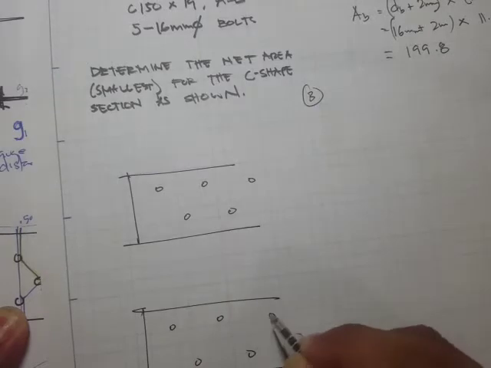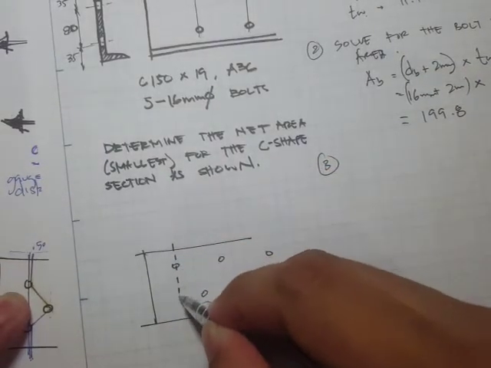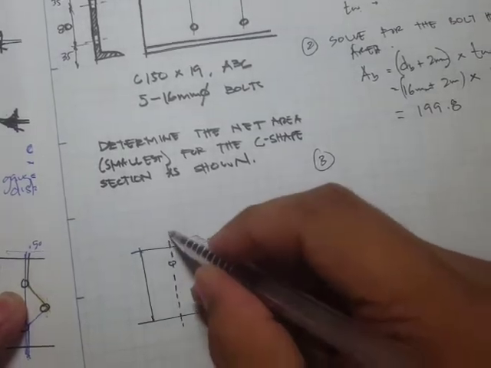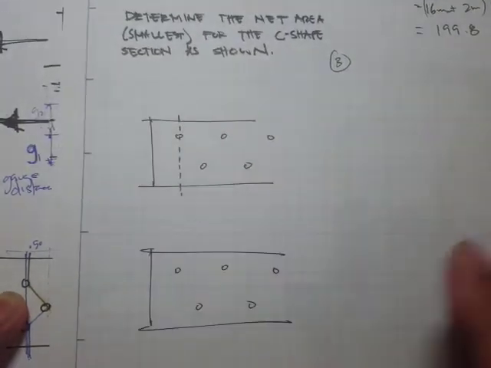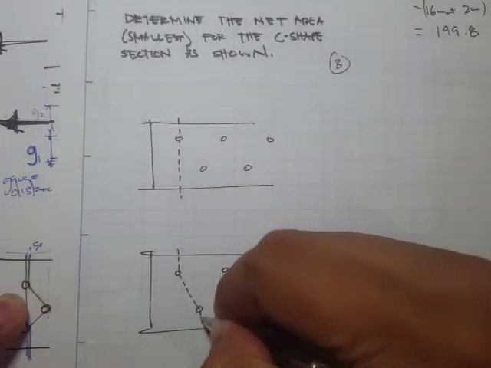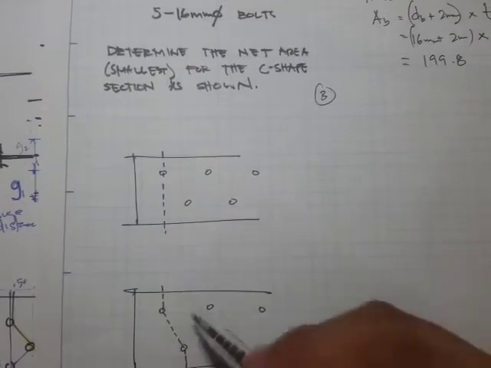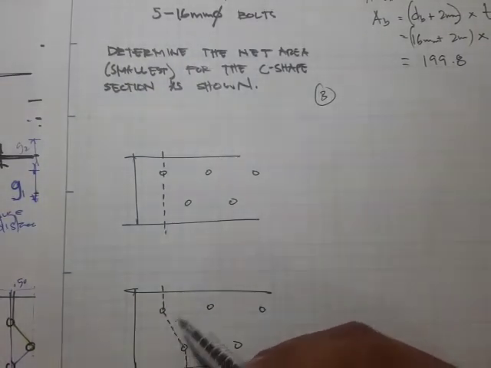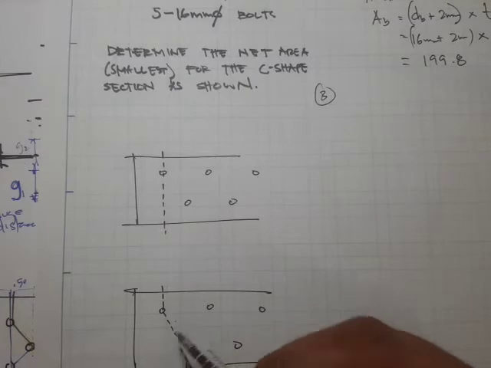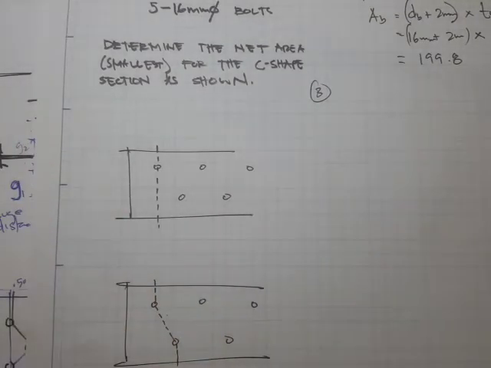One failure path is this one, fracturing along this section, and the other failure path would be fracturing along this net section. Since we have this diagonal line, that's going to include the stagger factor.